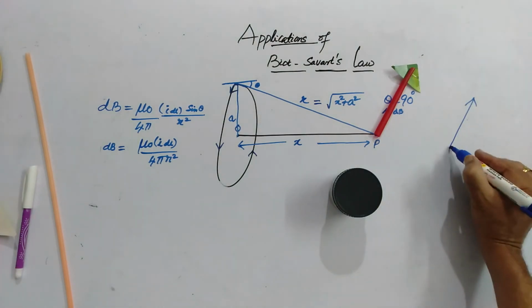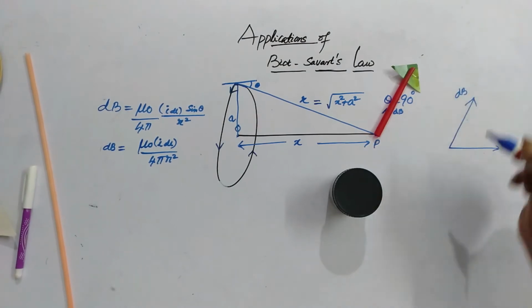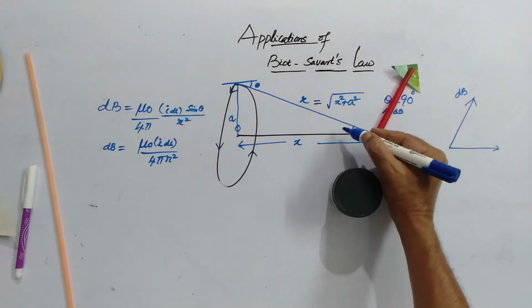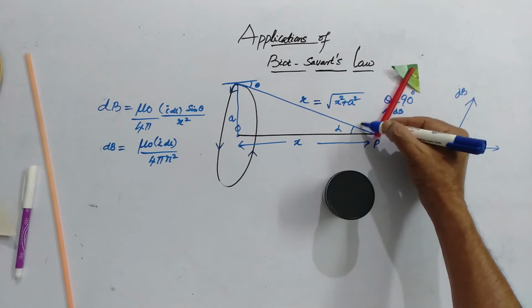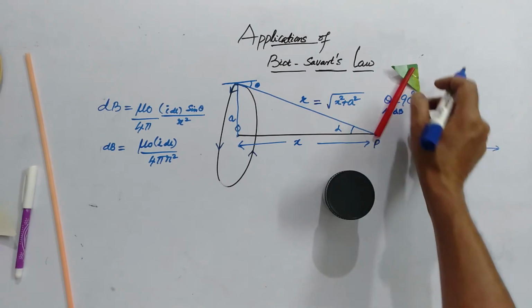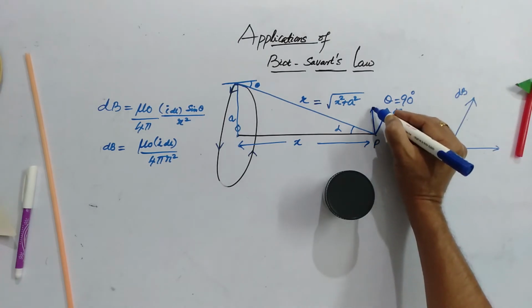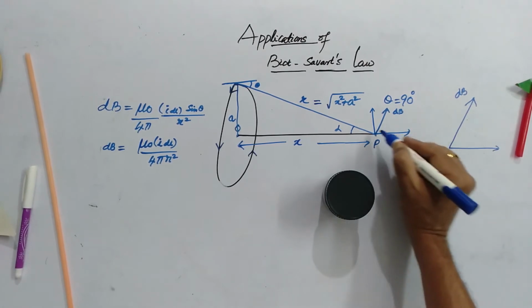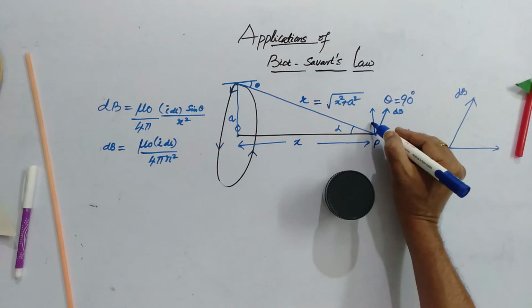Now I can split that into two. Let it be dB, and here if you consider that this is alpha, this is 90. When I resolve this, this here is the parallel component, this is the perpendicular component. If it is alpha, it should be 90 minus alpha.